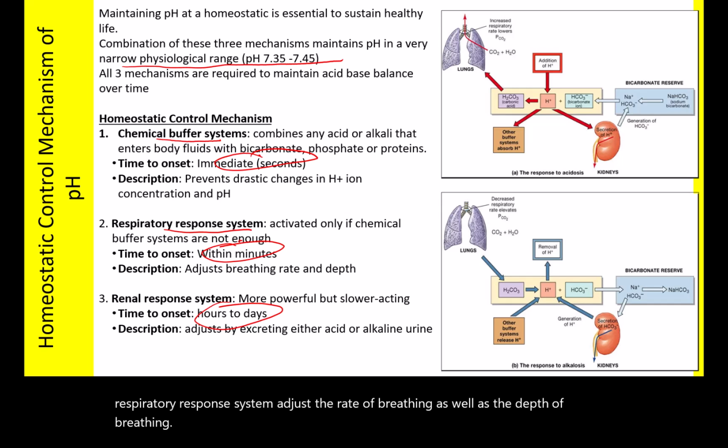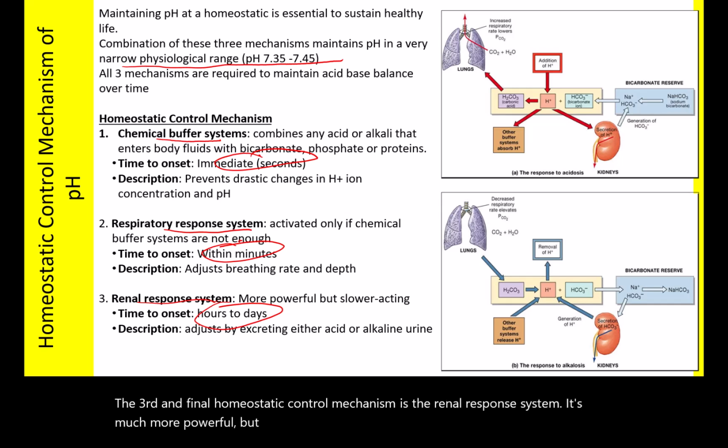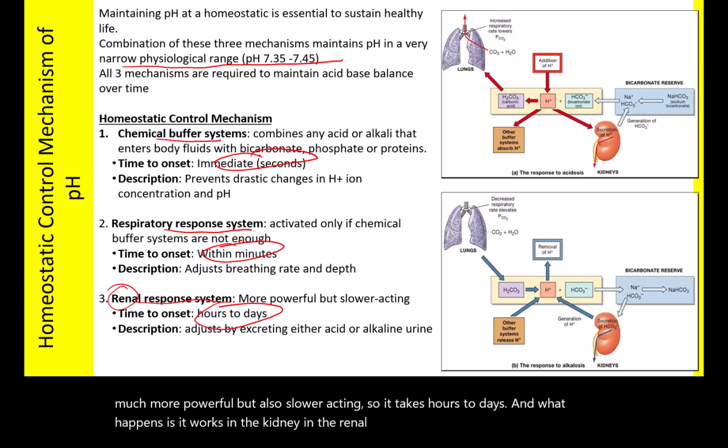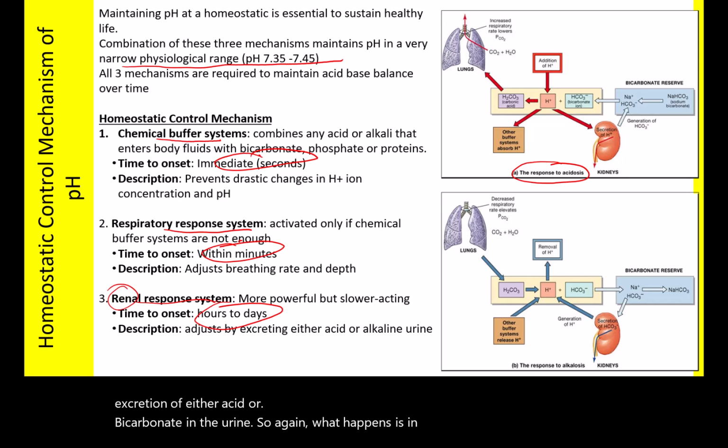The third and final homeostatic control mechanism is the renal response system. It's much more powerful, but also slower acting. So it takes hours to days. And what happens is it works in the kidney, in the renal system, and it does it by adjusting the excretion of either acid or bicarbonate in the urine. So again, what happens is in response to acidosis, right?